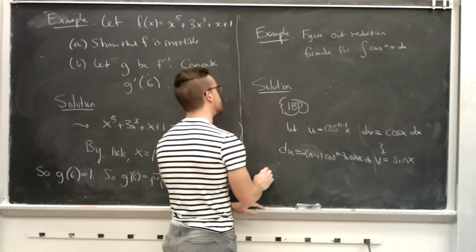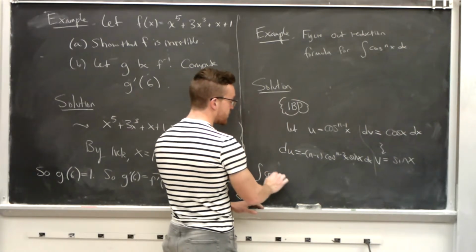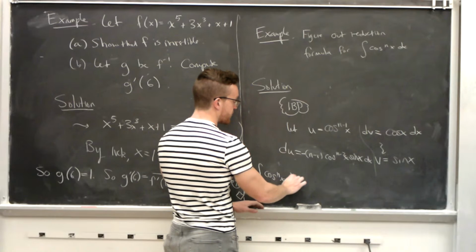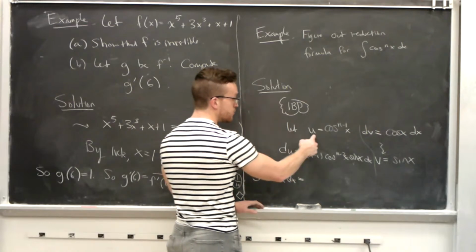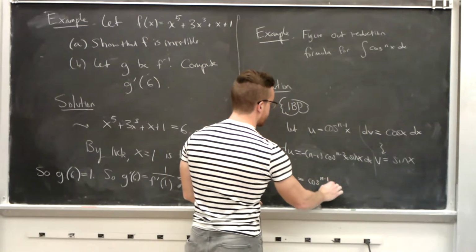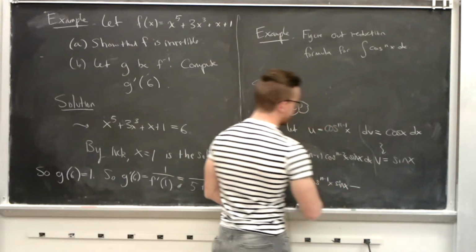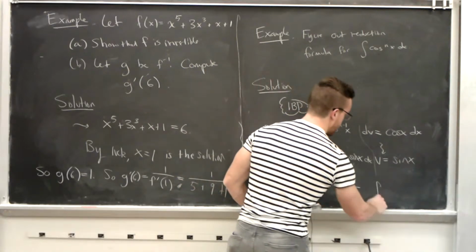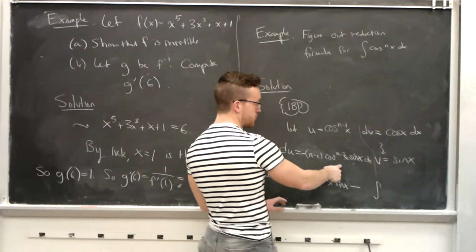Let's use the formula. Integration by parts would say the integral of cosine to the n of x dx is u times v, which is cosine to the n minus 1 times sine of x, minus the integral of v du.